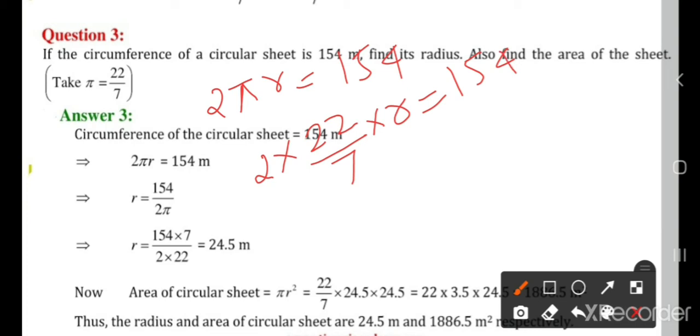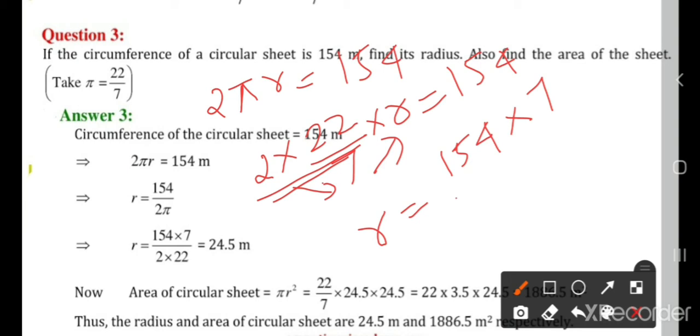These calculation parts you can check in the module and write, children. Now 7 will go to the numerator, and both 2 and 22 will go to the denominator. So r is equal to 154 into 7 divided by 2 into 22.